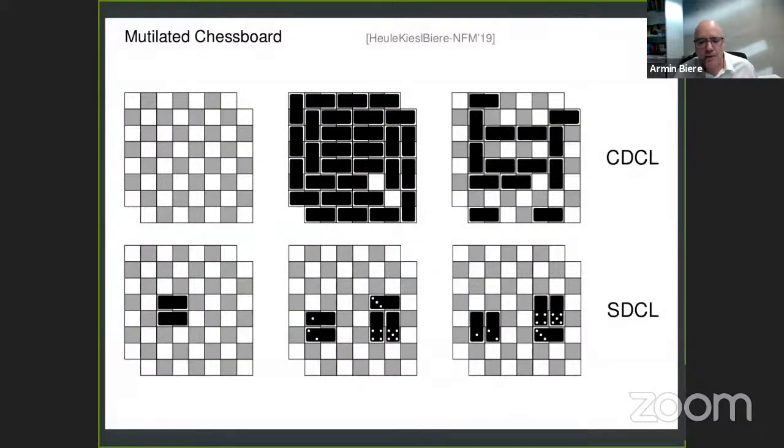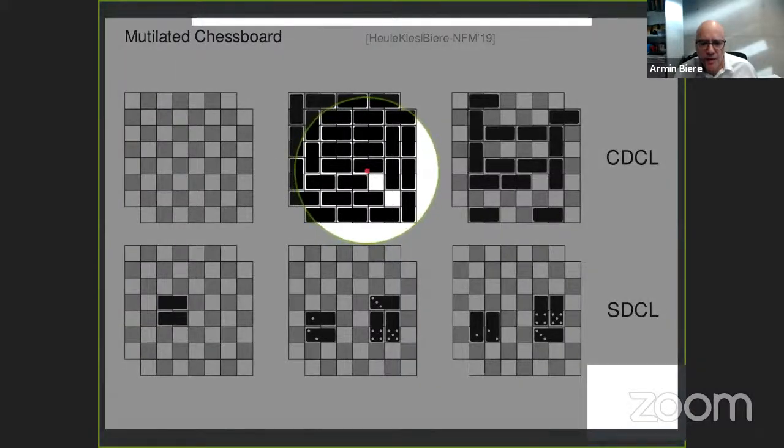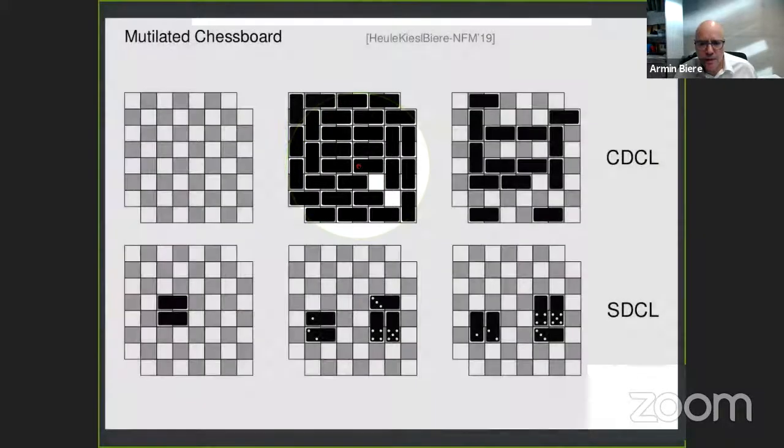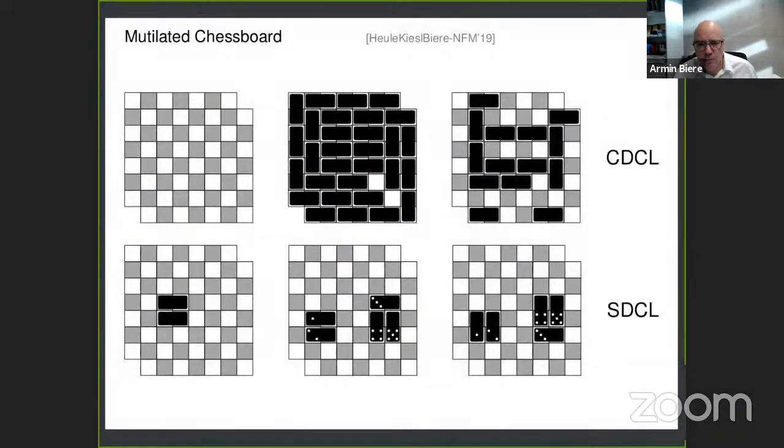And the answer is no, right? Because this is what you give to kids to think about inductive proofs. If you think about it, every domino covers a black and a white field, and therefore, no matter how you try to cover, the number of black and white fields covered is the same.